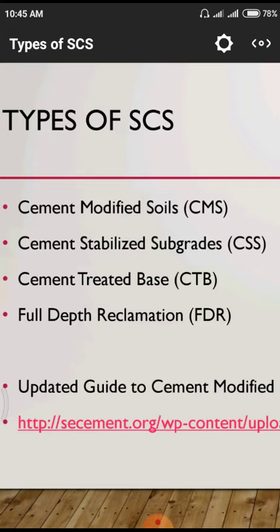Next one is cement stabilized subgrades. All these terms you will hear in transportation engineering while laying roads. Beneath the parts of the pavement we have to go for densification with a decrease of grain particles.